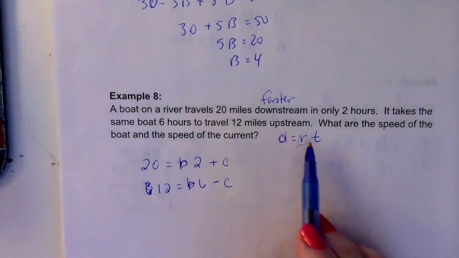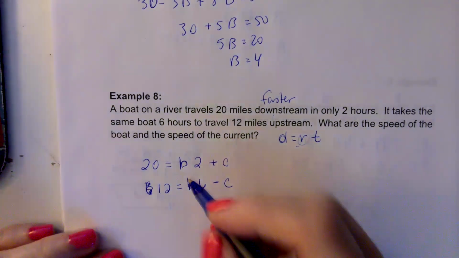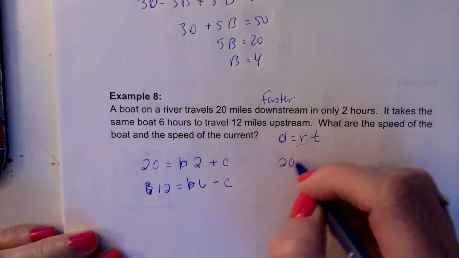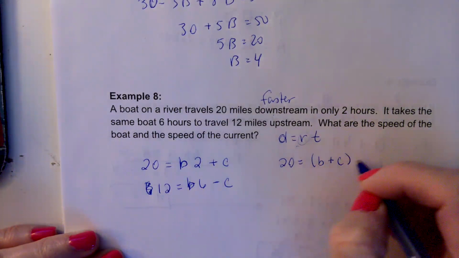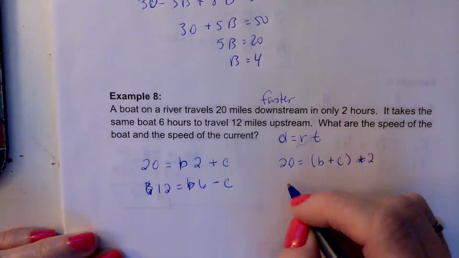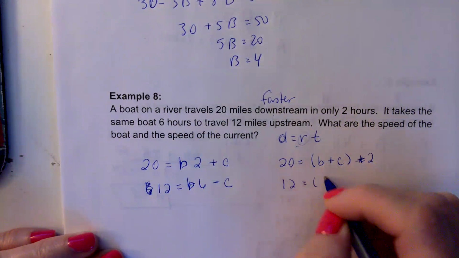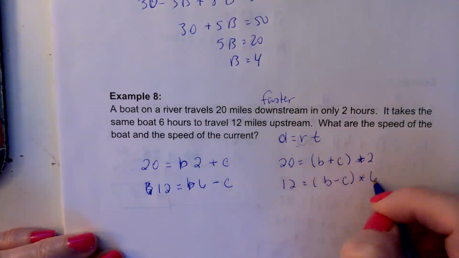So distance equals rate times time. And actually, I should write this as 20 equals the boat plus the current times 2 for the hours. And this one is 12 equals the boat minus the current times 6 hours.